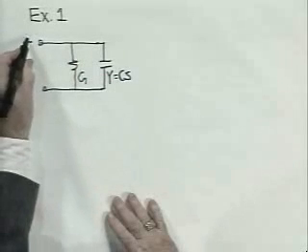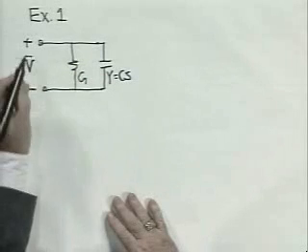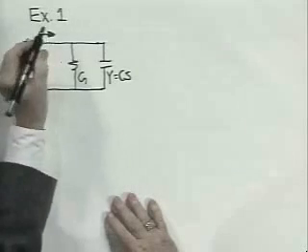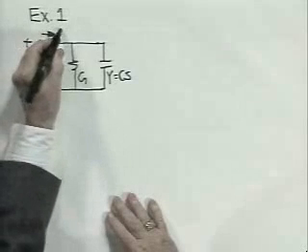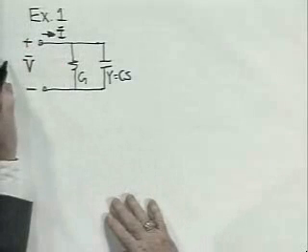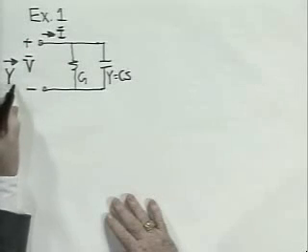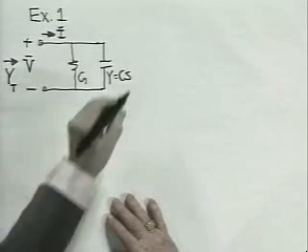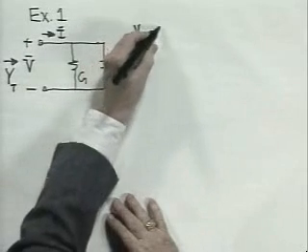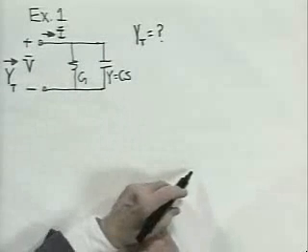The terminal voltage is complex amplitude V. The terminal current is complex amplitude I. And I'd like to know what the admittance is looking in here. That is, I want to find, by the process of this analysis, Y sub t, the admittance I see looking into this two-element circuit.